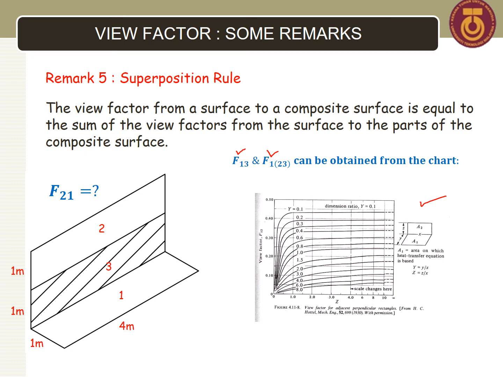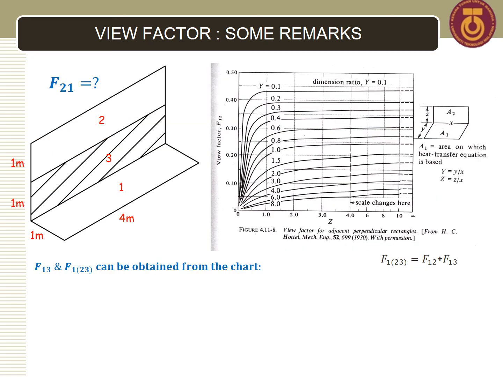So how can we solve this problem? F21 can actually be determined by first determining F12 using superposition rule. According to superposition rule, F123 equals F12 plus F13.